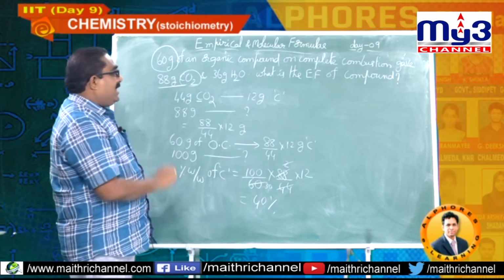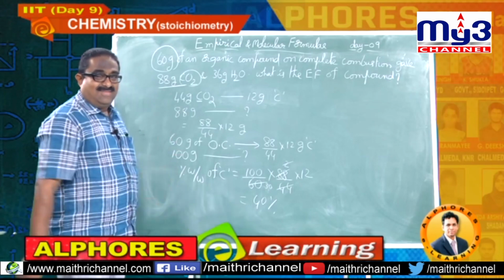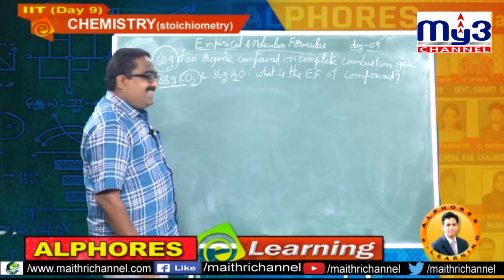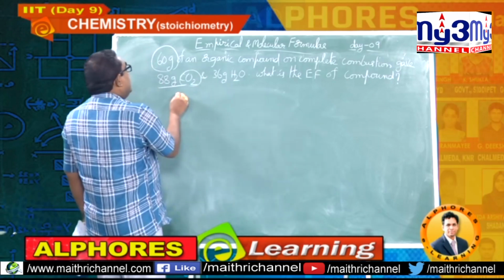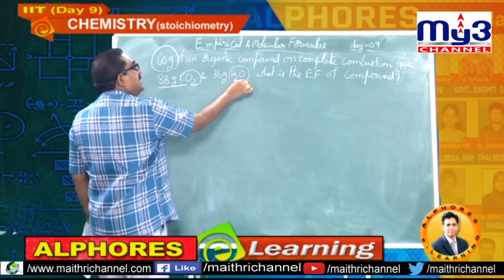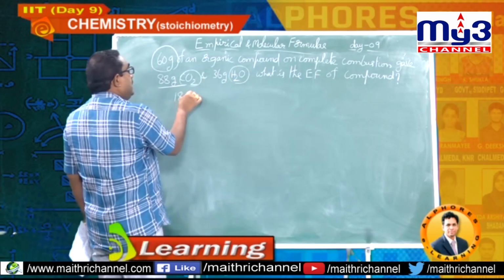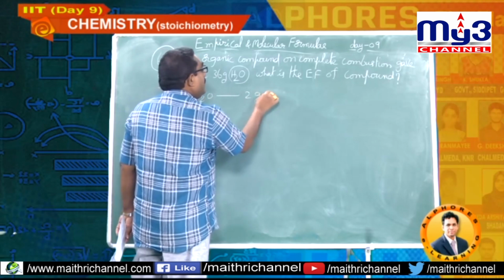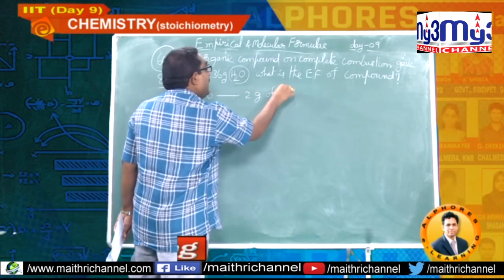Next I have to calculate for hydrogen. Please note it down. I am calculating the mass percent of hydrogen, students. What is the molar mass of H2O? 18. I can write, 18 grams of H2O contains 2 grams of hydrogen in it.